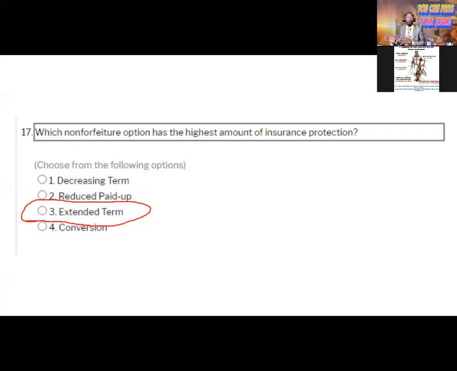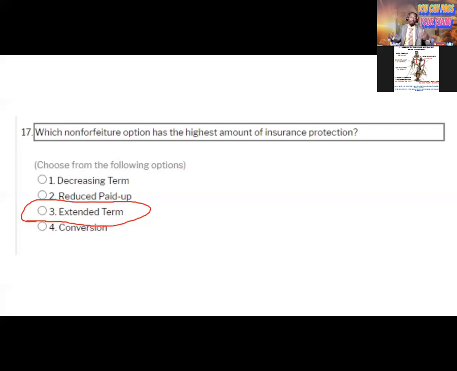Let's say, for example, you have a whole life policy that covers you for $100,000, and you have $20,000 in your cash value, so you use that $20,000 in your cash value to buy the same $100,000 policy you have, but as a term policy. So you still cover for 100, except it's a term policy.